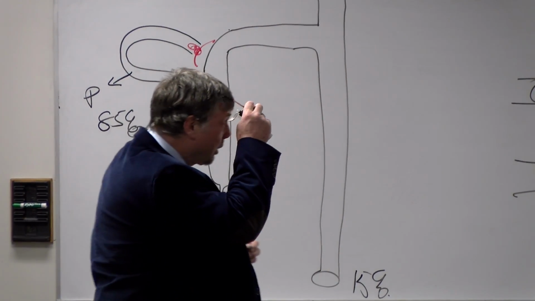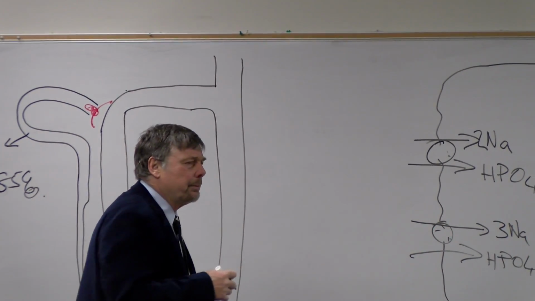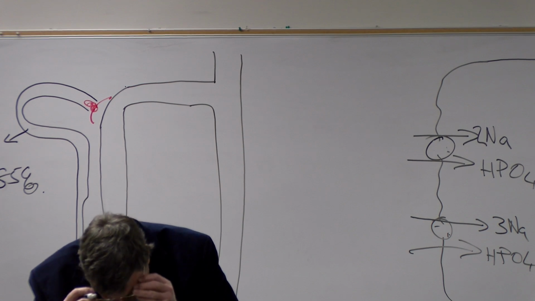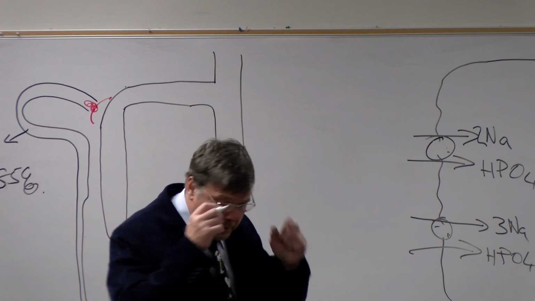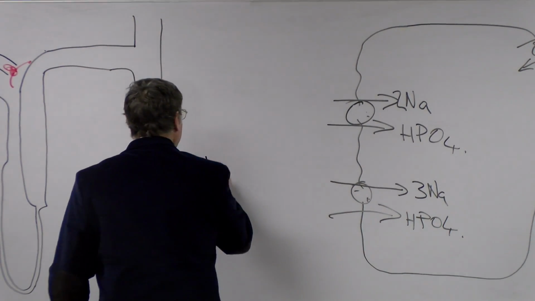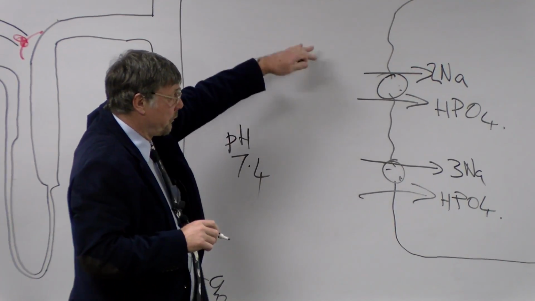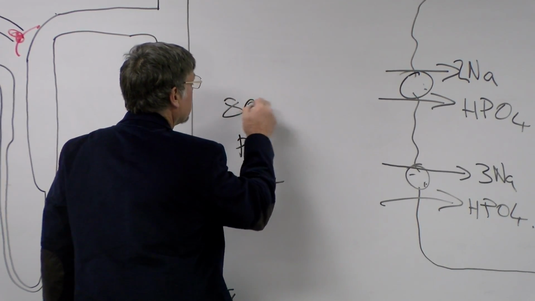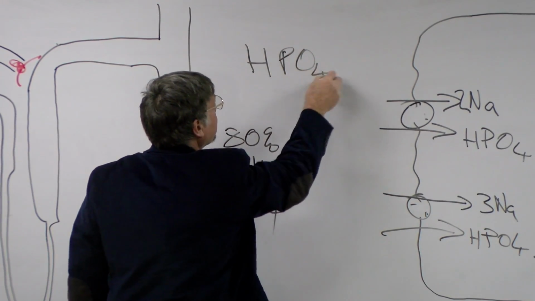I've also got a note here that the pK of phosphate is about 6.8. So at pH 7.4, which is what the tubular fluid is at the Bowman space, it's about 80% HPO4 2 minus.